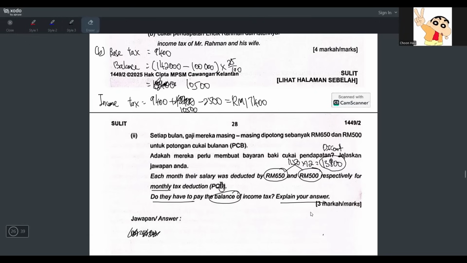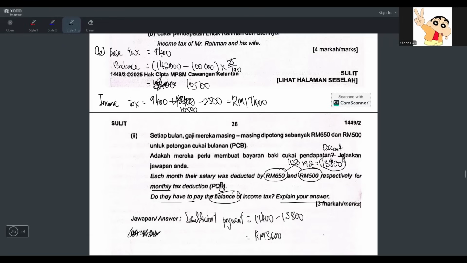So let's find out how much is the insufficient payment. Insufficient means the amount yang kurang. The insufficient payment will be 17400 minus 13800. So the amount I have to pay more is 3,600. What if the income tax is lower than the PCB?